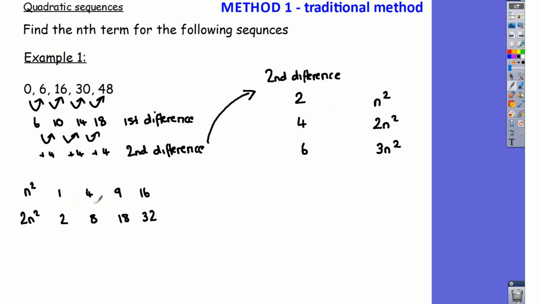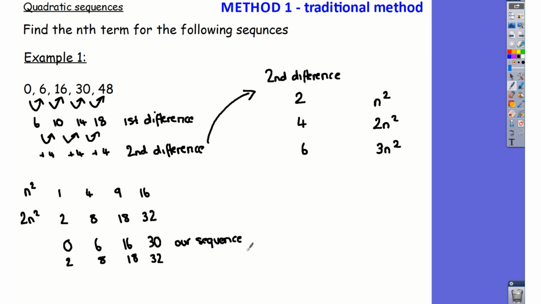So my next step after writing down 2n squared is to subtract 2n squared from the sequence that we started with. So the first thing I will do is write out my sequence. My sequence is 0, 6, 16 and 30. This is our sequence. I'm going to subtract 2n squared, which is 2, 8, 18 and 32.